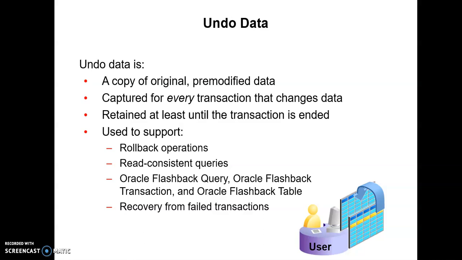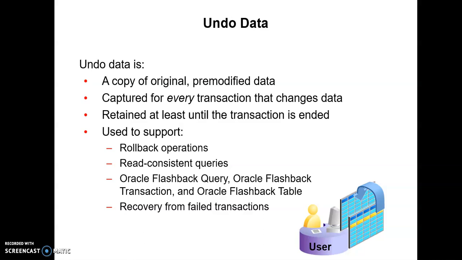Okay, first of all, what is undo data? By definition, it is a copy of original pre-modified data. Imagine that every time you do some updates or issue a DML statement like update, delete, and insert, there is a copy of the original.